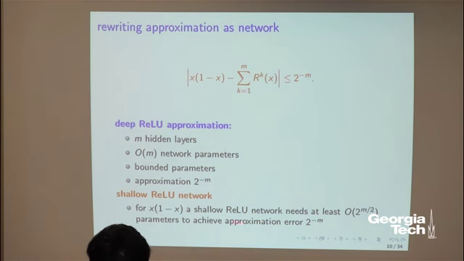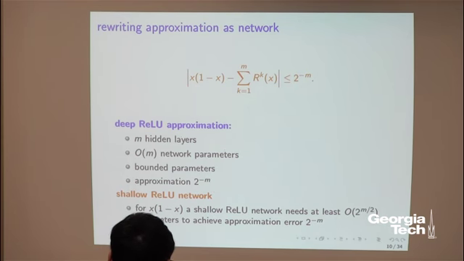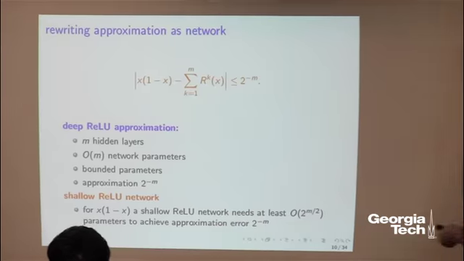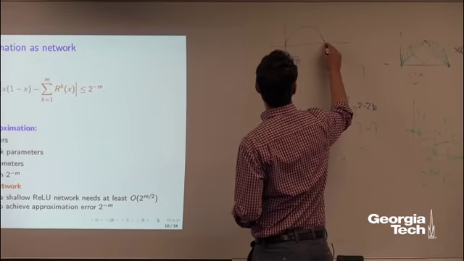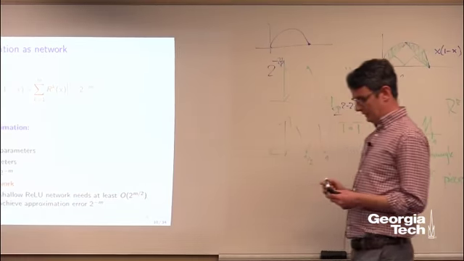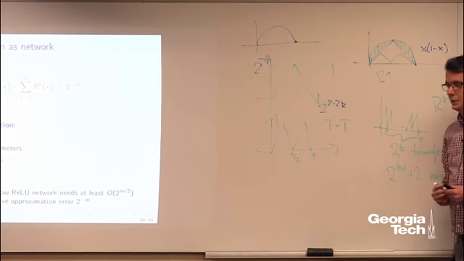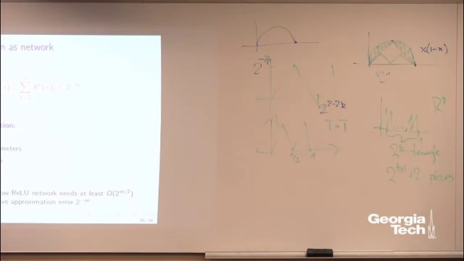Okay, so how good are shallow ReLU networks? For that you can also give a lower bound on what they can achieve. Because if you want to approximate this function here with a shallow network in one dimension, a ReLU network is a piecewise linear function, right?